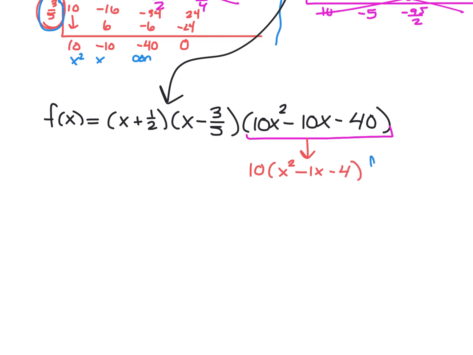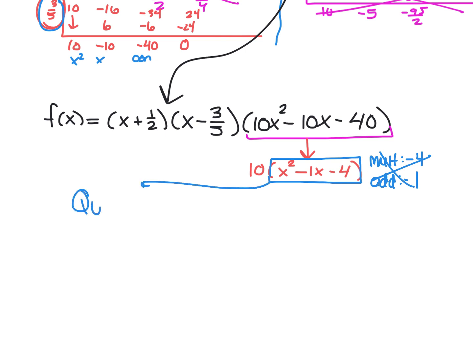But unfortunately, I don't know of any numbers that multiply to be -4 and add to be -1. So I can't use factoring here, but what I can do is with this trinomial left, I can utilize the quadratic formula.